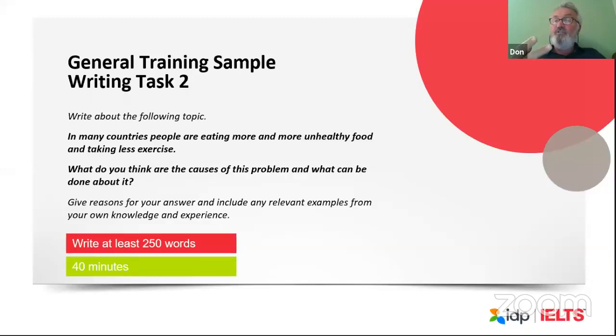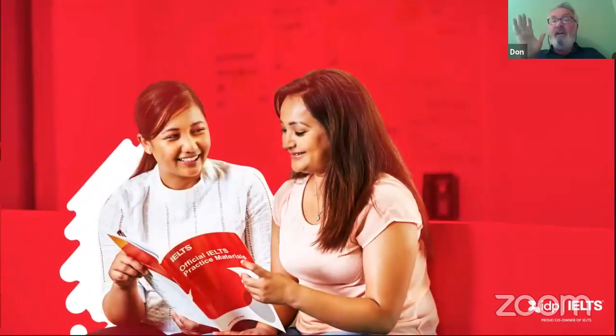You've got to give a solution to the first problem and a solution to the next problem. You've really got to do 4 things in this task. Again, read carefully and answer directly. All right, that's writing.